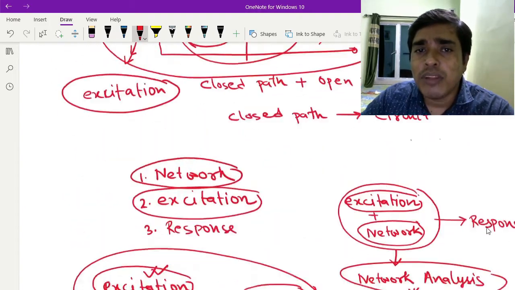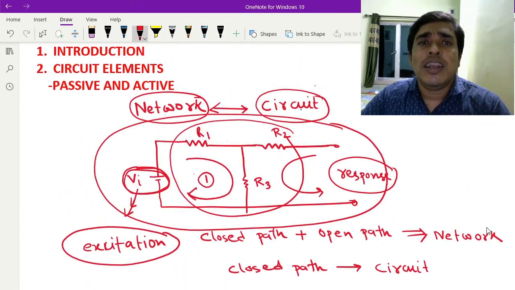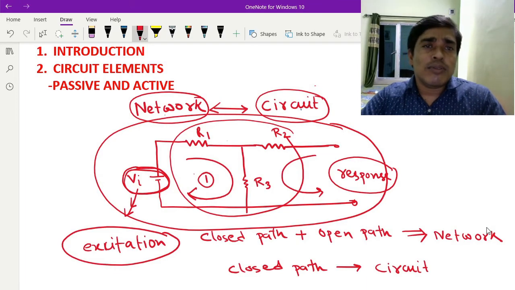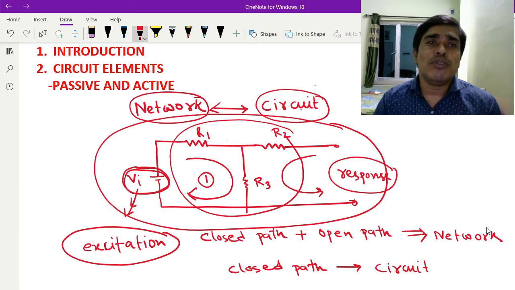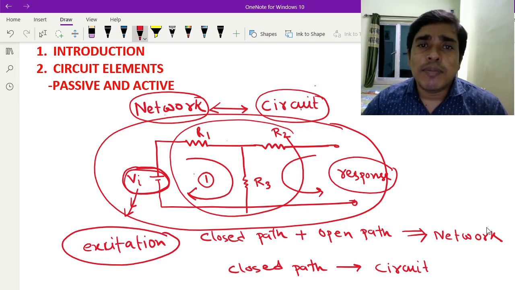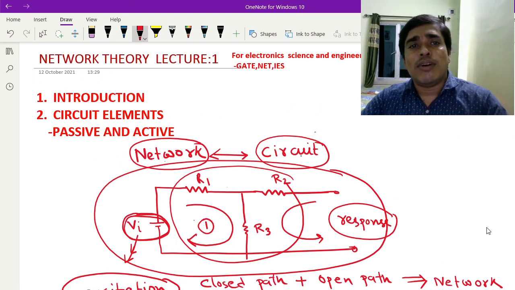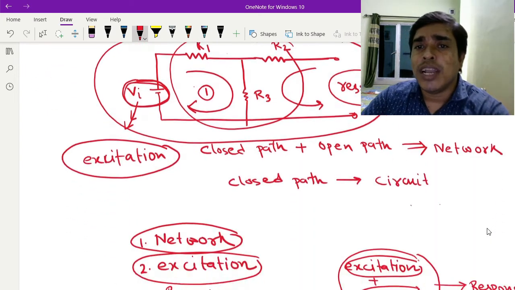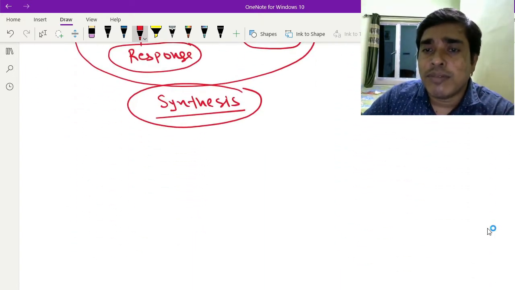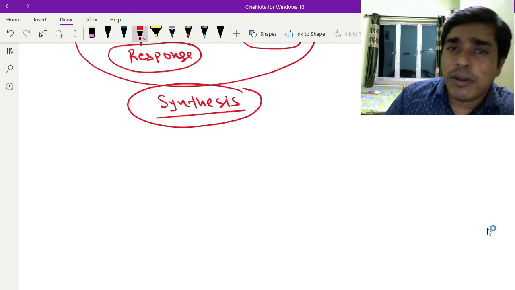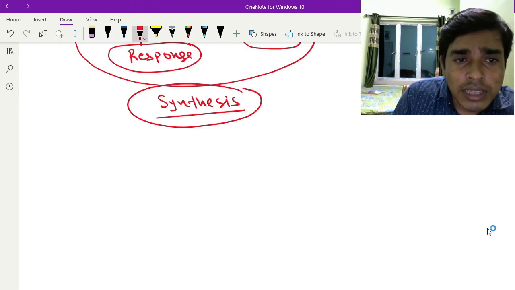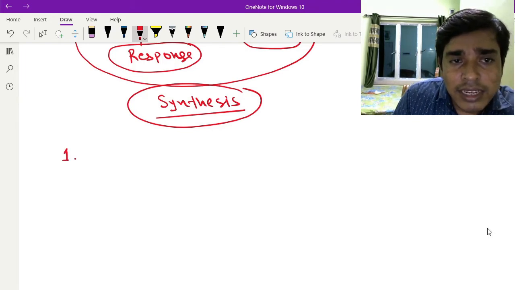This is the basic part of our network theory. When we go to study network theory, we have to know some parameters. First is the circuit element.